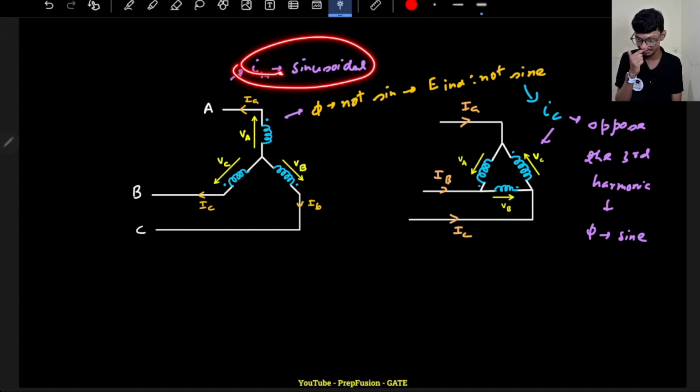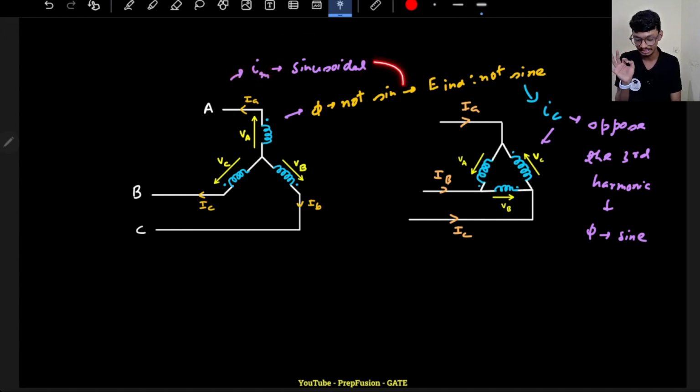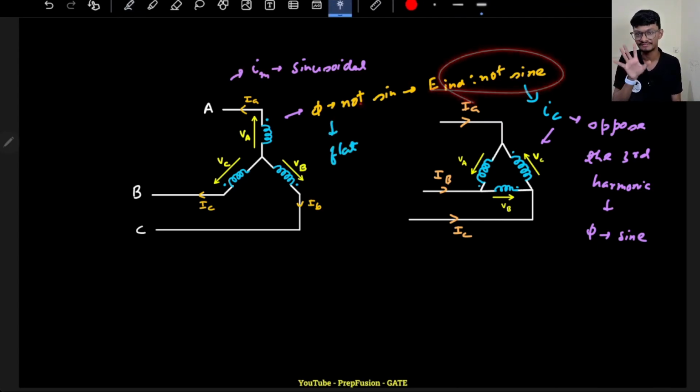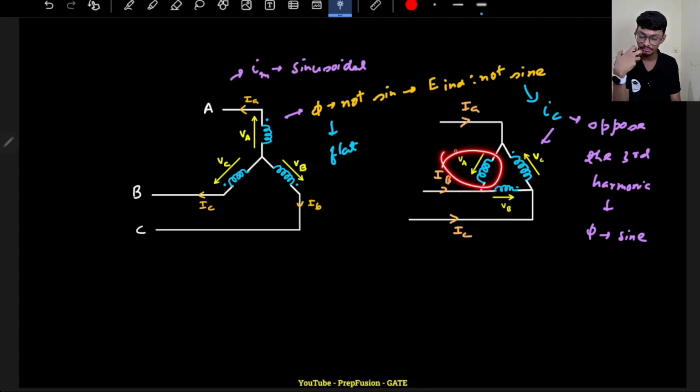If the magnetizing current is purely sinusoidal, we had already discussed that the flux will be flat topped. If flux is flat topped, your induced EMF also will be flat topped. So in the secondary delta as well, the induced EMF will be flat topped, and a circulating current will flow. Due to the circulating current, it will oppose the third harmonic components. As it opposes them, the flat top or non-sinusoidal component of the flux reduces.